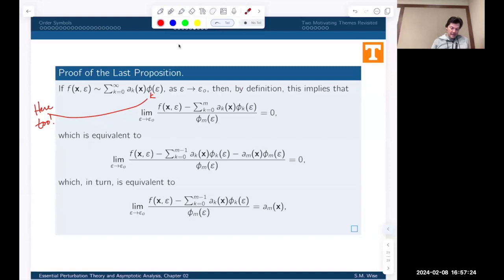And so that means that my limit of this function has to be equal to A_m of x. So this one works for m greater than or equal to 1, and the only one I'd be missing is the first one.